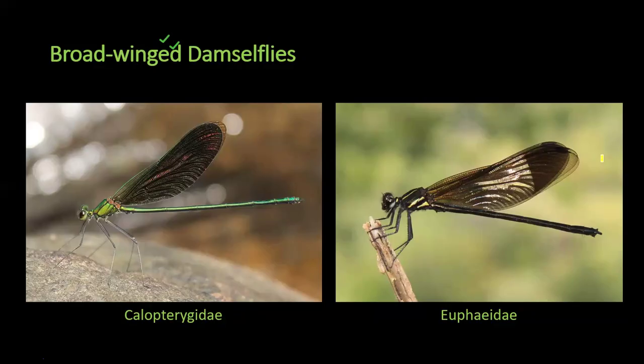But the Euphaea species present in the Western Ghats are completely different to this. They are red and black in color with partially pigmented wings. They don't have completely pigmented species.